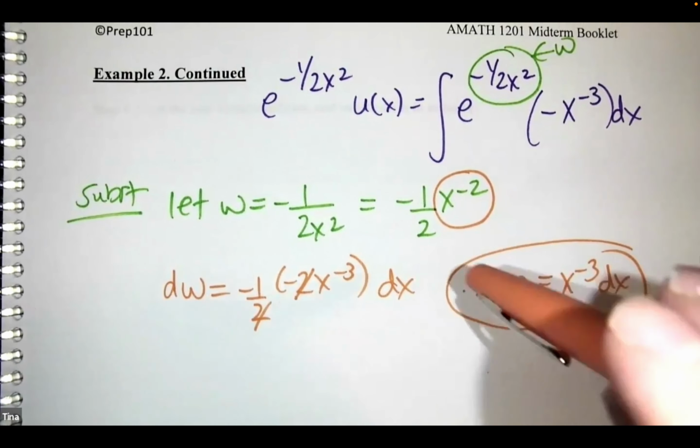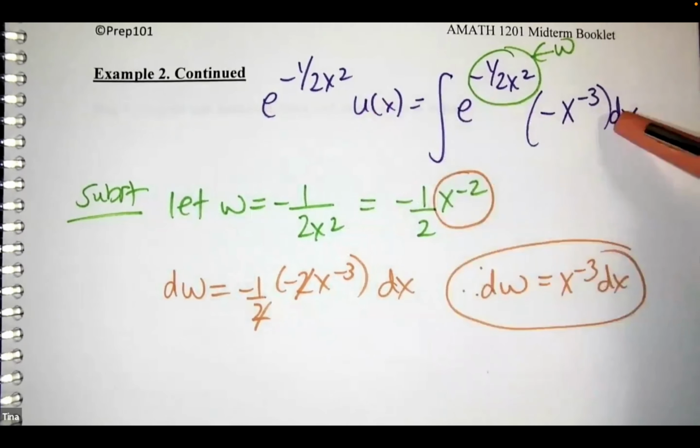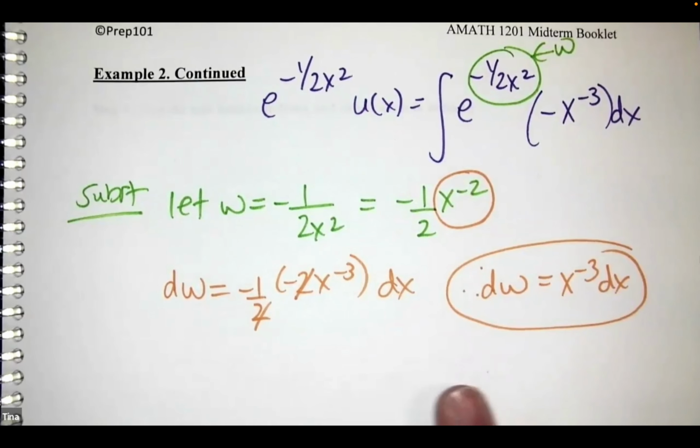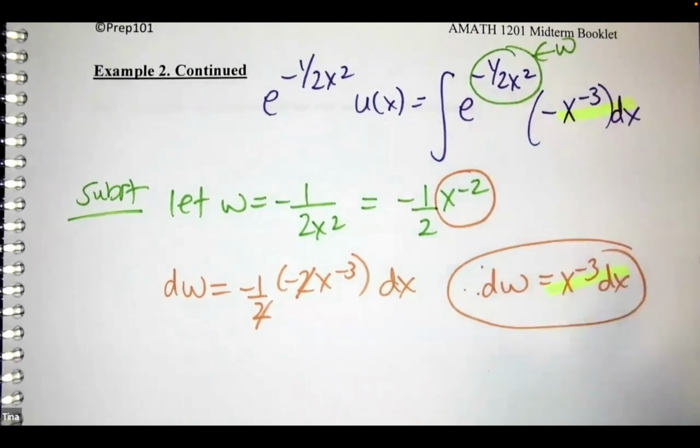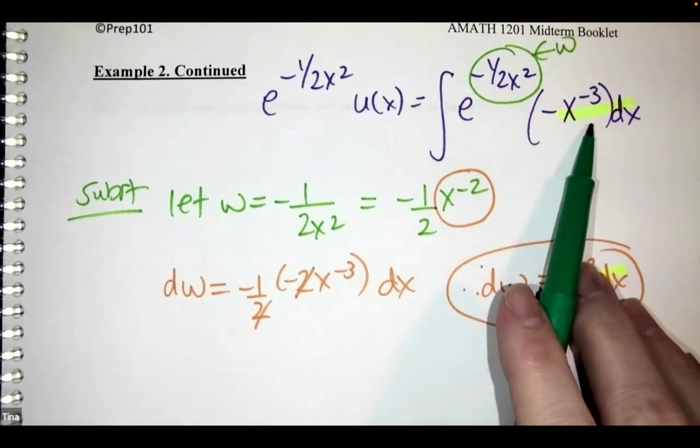So take a look at your substitution, your dw, and what you've got up here, and figure out what your next step would be. So dw, that's dw. It's just off by a negative, right?